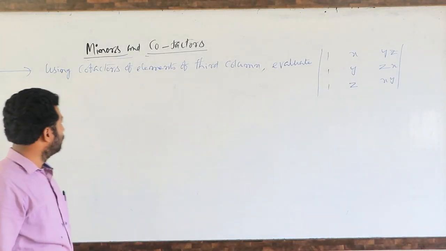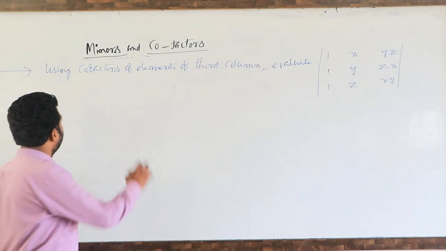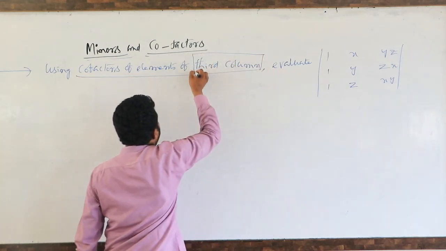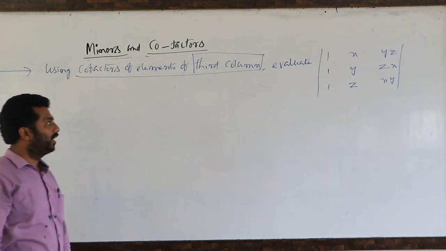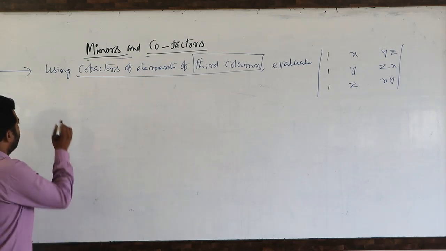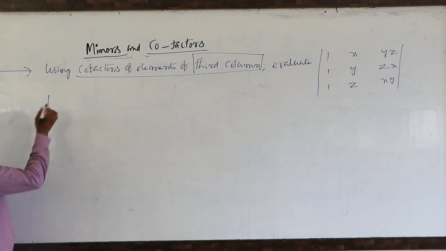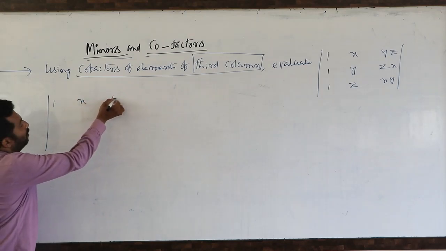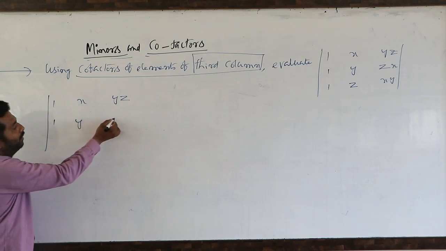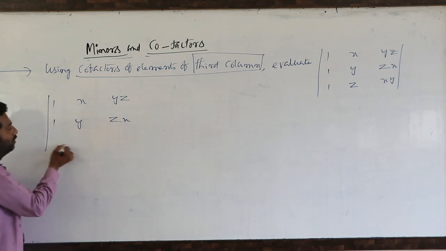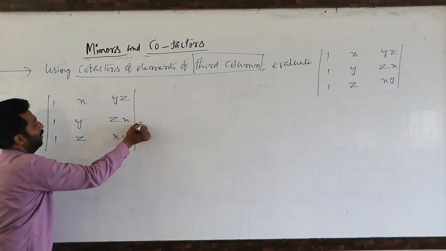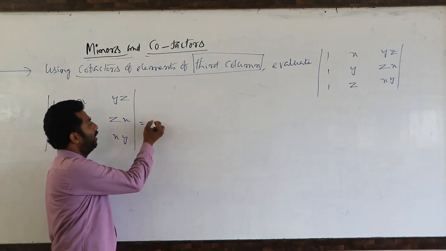See here, students. Using cofactors of elements of the third column, indirectly they have given that we have to expand the determinant along the third column. So just observe: 1 x y z, 1 y z x, 1 z x y. Along the third column, what do I have to write?